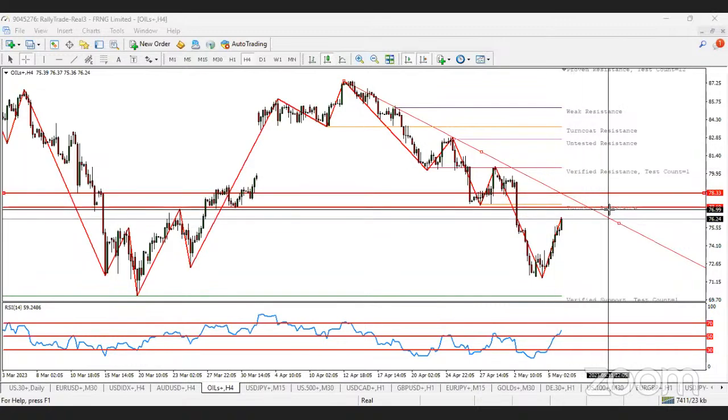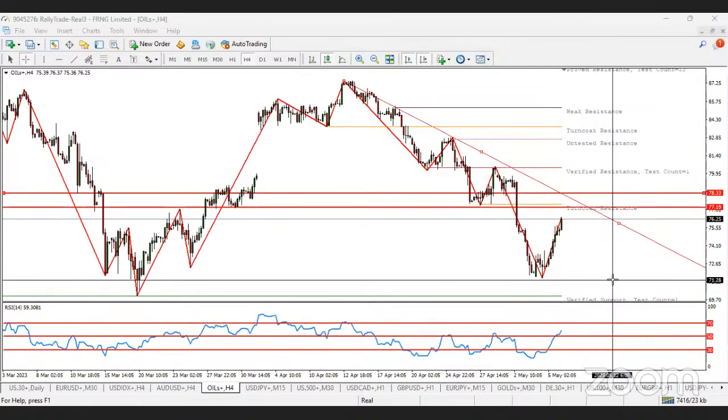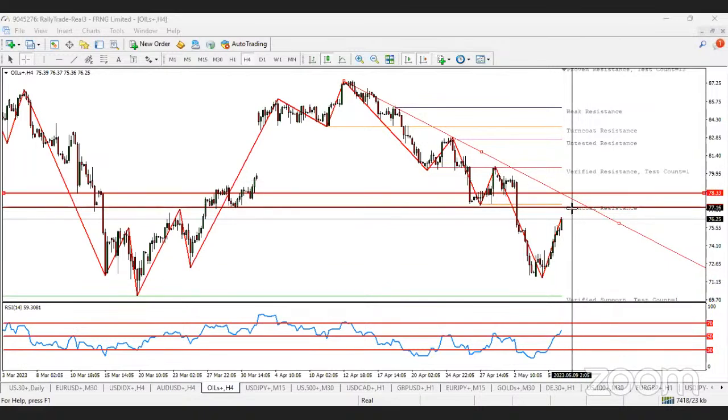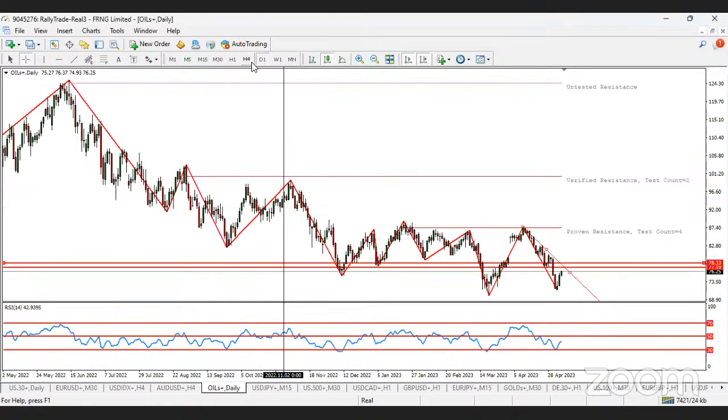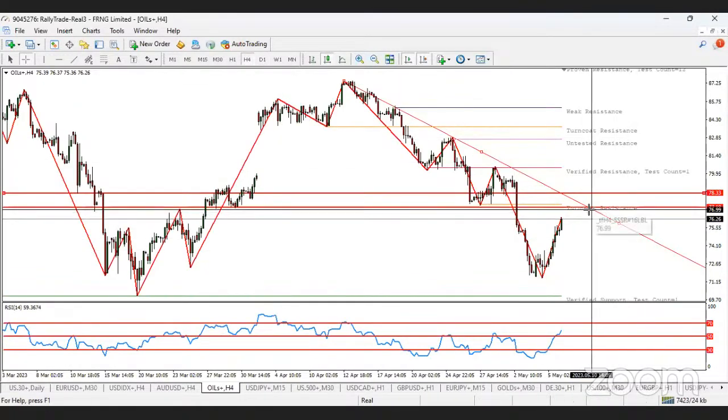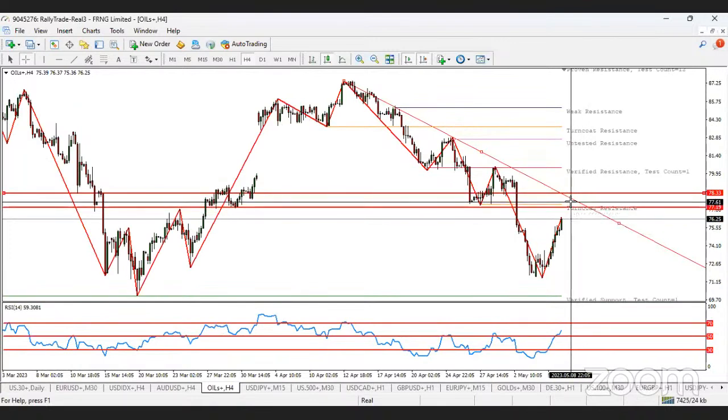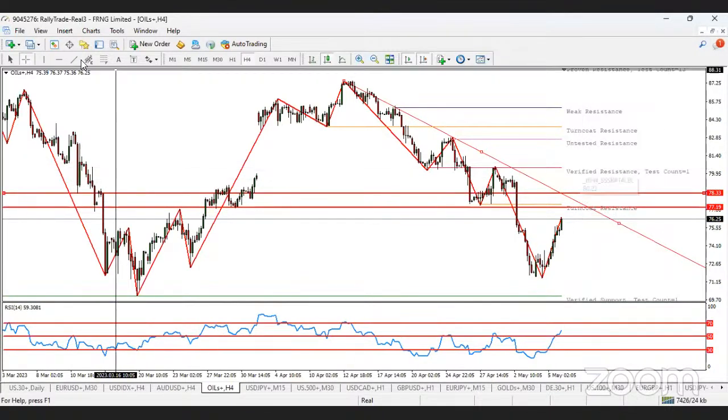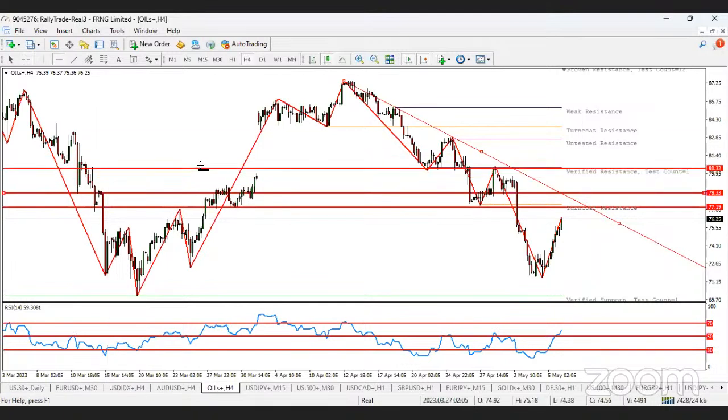So my point is this: you can look for the possibility of price of oil getting rejected downward when it gets to 77.19. Or if price fails to get rejected because of the bullish momentum from the daily time frame, price can get to this trend line and still break out of it and head towards this verified resistance that we have here, that is the 80.28 region.